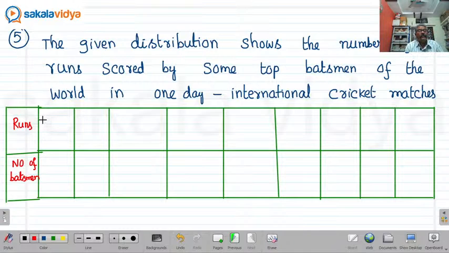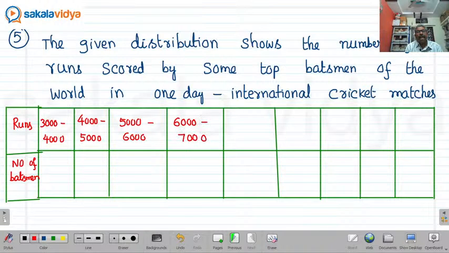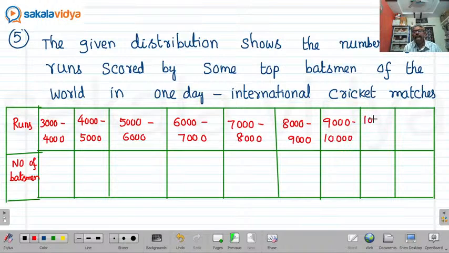The intervals are 3000 to 4000, 4000 to 5000, 5000 to 6000, 6000 to 7000, 7000 to 8000, 8000 to 9000, 9000 to 10,000, 10,000 to 11,000.